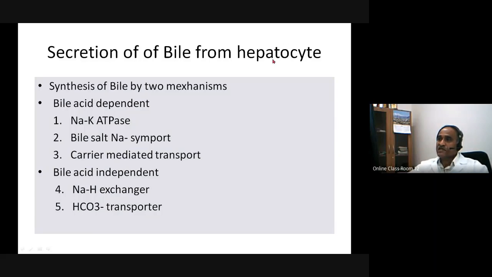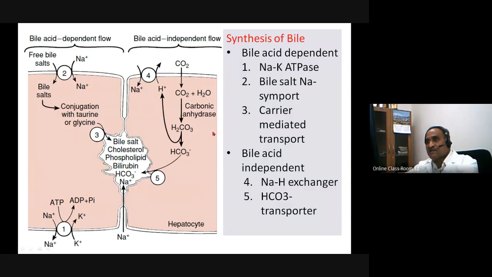Now, going further, how does the secretion of bile take place? It takes place from the hepatocyte, and it has two mechanisms. The synthesis of bile is by two mechanisms: a bile acid dependent mechanism and a bile acid independent mechanism. In this hepatocyte, the liver cell, this is a bile acid dependent component, and this is a bile acid independent component.